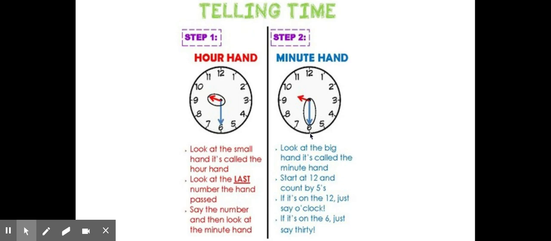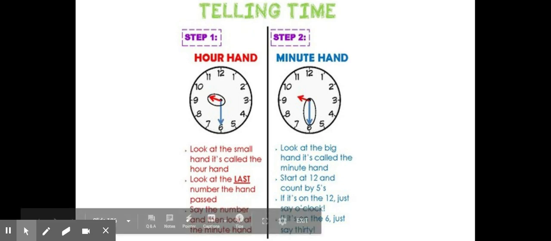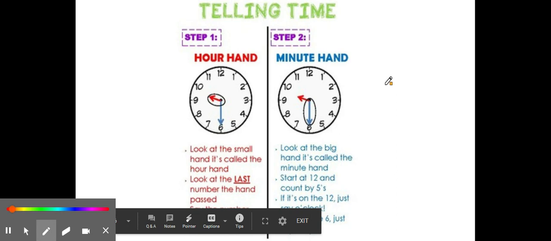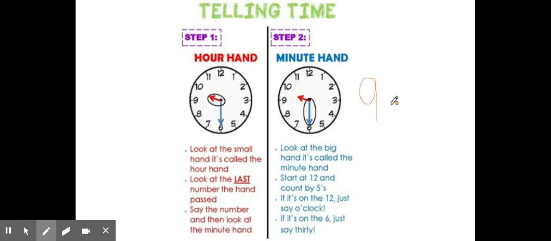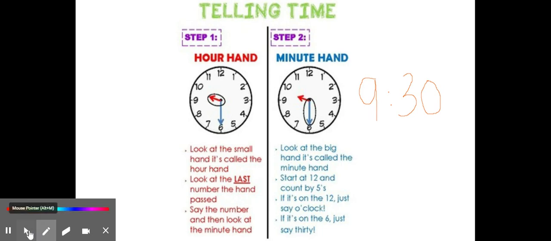And since the hour is 9, we would say that it is 9:30. So this clock is showing 9:30. 9 hours, 30 minutes. Now let's see if we can practice telling time together.